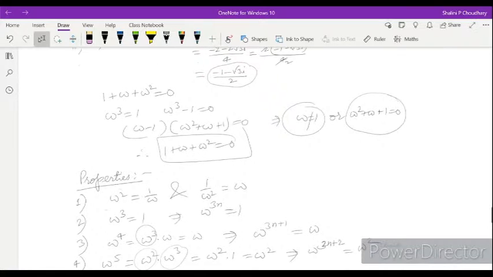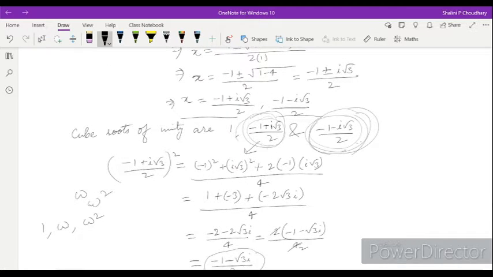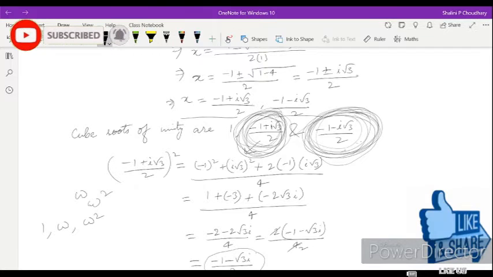One more thing you should always remember: the two roots other than one are conjugates of each other, and squaring one root gives the other root, and squaring the other root gives the first root. So if we take this as omega, we get this one as omega square, and if we take this one as omega, we get this one as omega square.